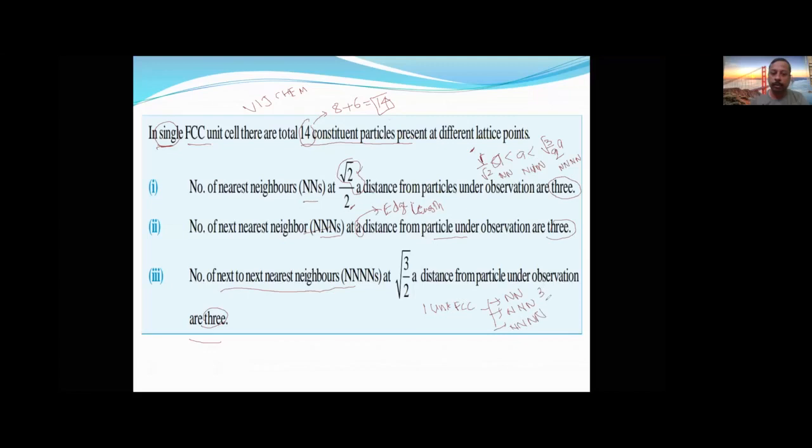These are also 3, these are also 3, these are also 3. But in simple cubic, it was 1. This is in one unit, one FCC. But in the entire crystal lattice, it will be something else. Make a note of it.